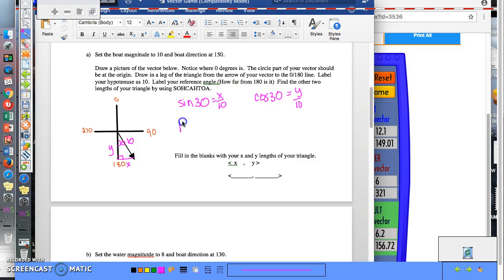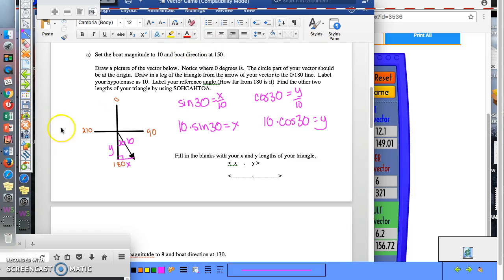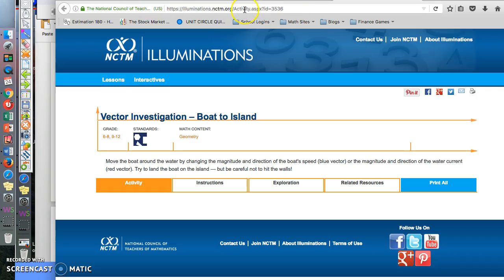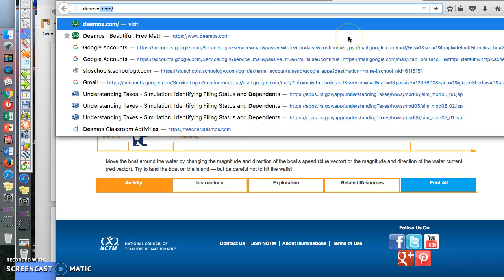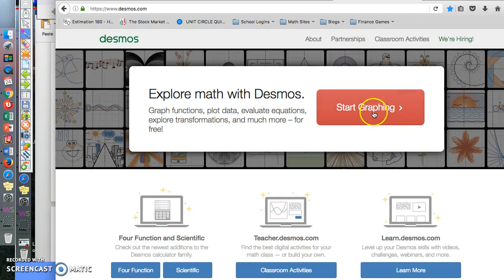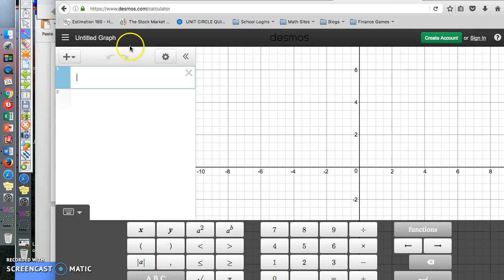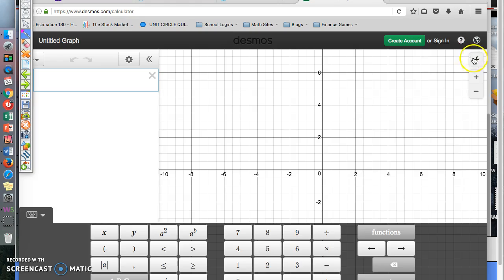So if we multiply by 10, we get 10 times the sine of 30 equals x, and 10 times the cosine of 30 equals y. We need a calculator here, so let's go to Desmos. First thing, I better make sure to change this into degrees.